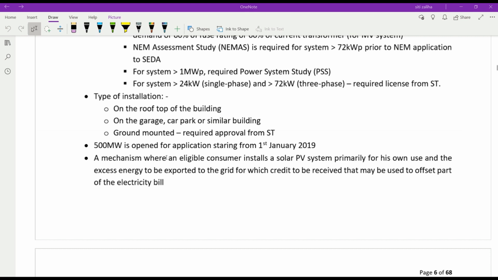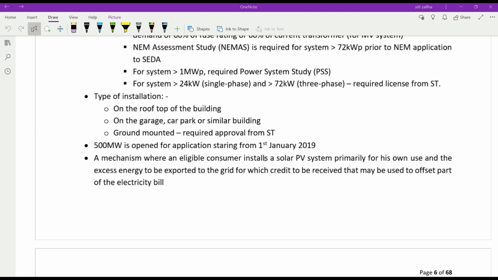It is a mechanism where an eligible consumer installs a solar PV system primarily for his own use and the excess energy is exported to the grid, for which credit is received that may be used to offset part of the electricity bill.